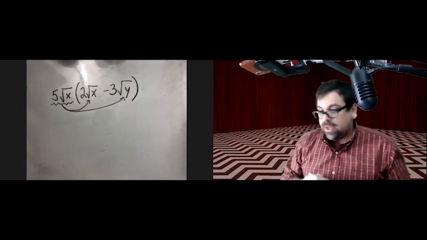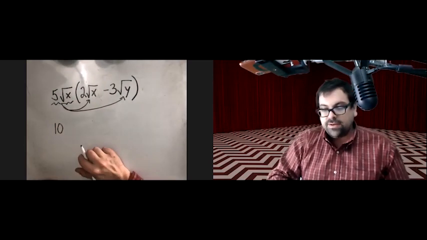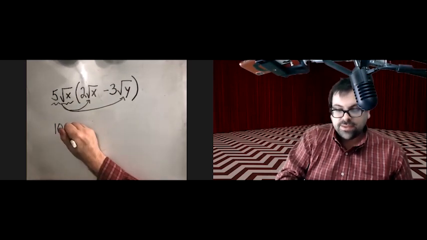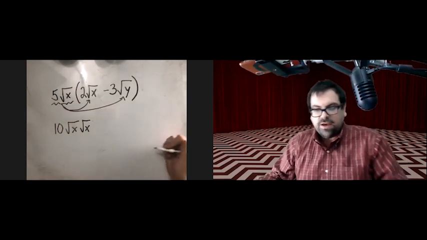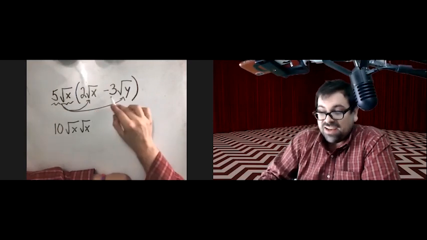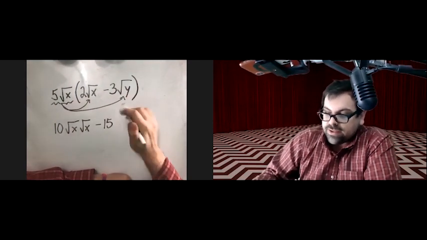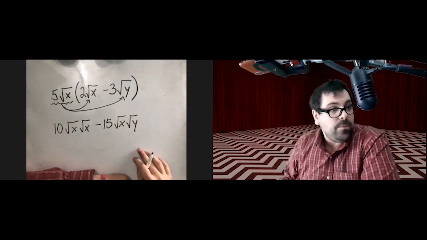We distribute. 5 times 2 is 10. Radical x times radical x. I'll leave that unwritten out for now. 5 times negative 3 is negative 15. Radical x times radical y. I'll leave that undone for now.